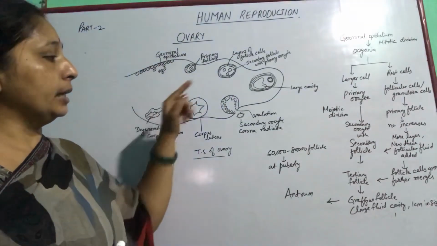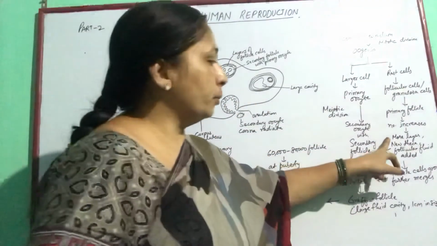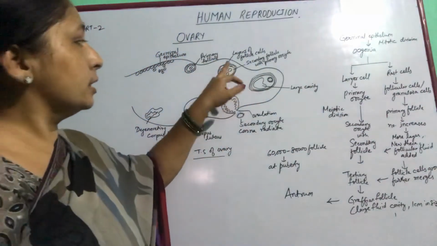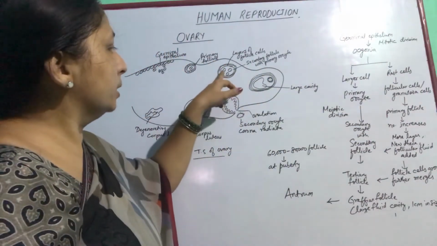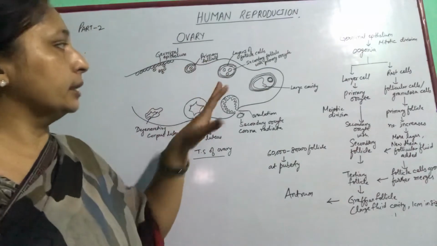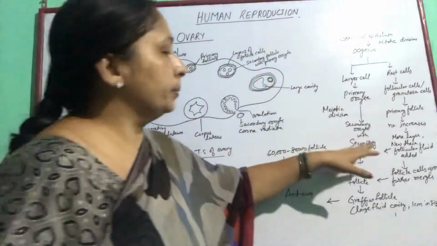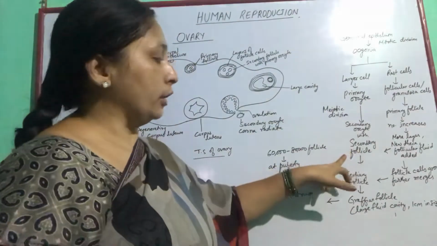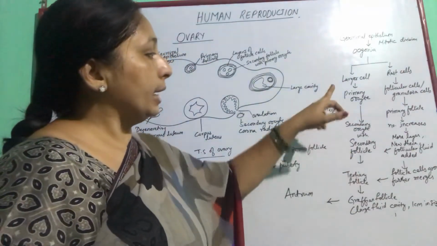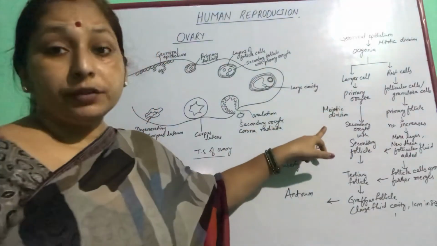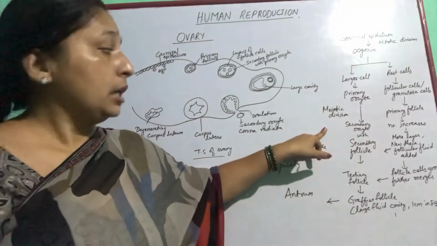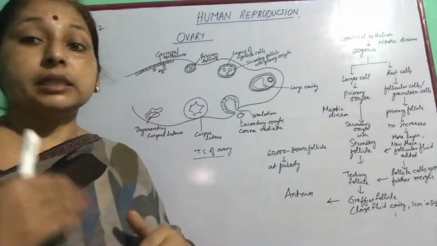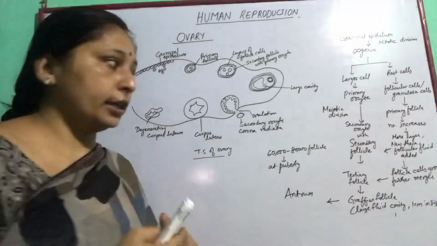Follicular fluid is added, and more layers are formed. New theca is added, and the fluid is added. After this, it becomes a secondary follicle with a primary oocyte. After the meiotic division, it forms the secondary oocyte, which is present inside the secondary follicle.